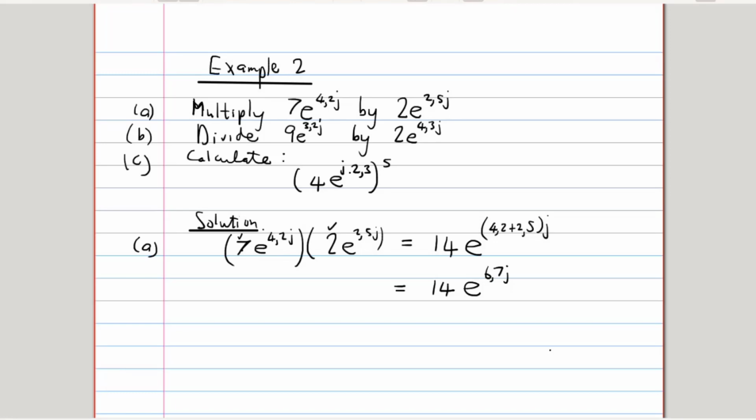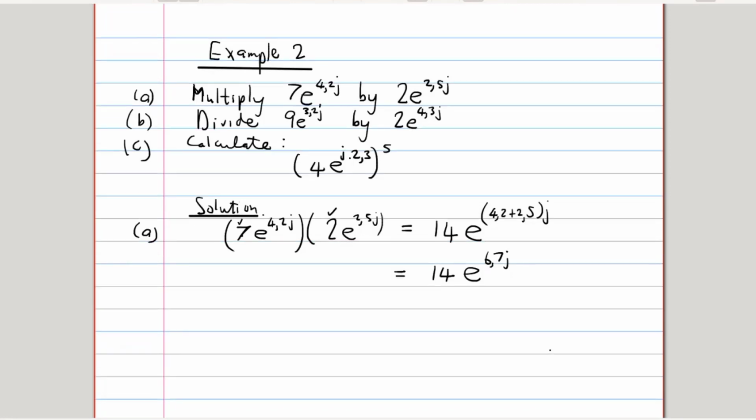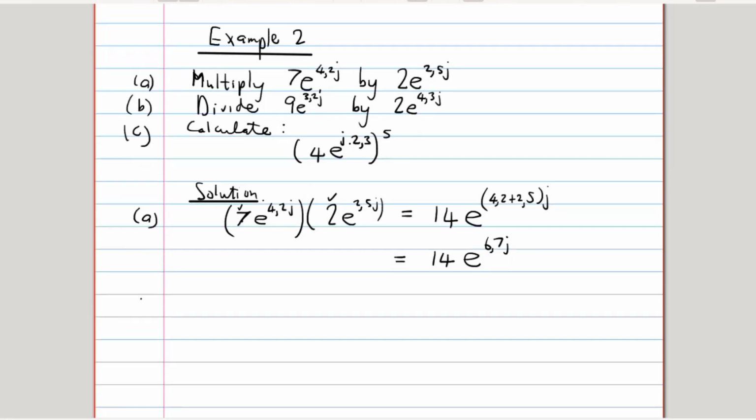Right. And then with division, we'll just say again, we divide the two moduli. We divide 9 by 2, which will give us 4.5. So we'll have 9e to the 3,2j, and we divide that by 2e to the 4,3j, right?